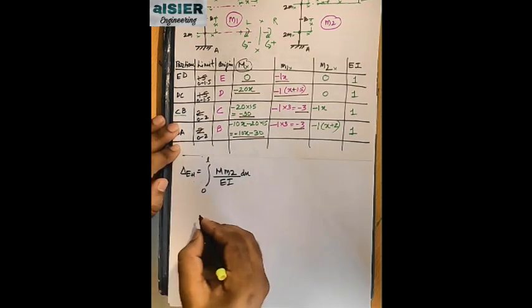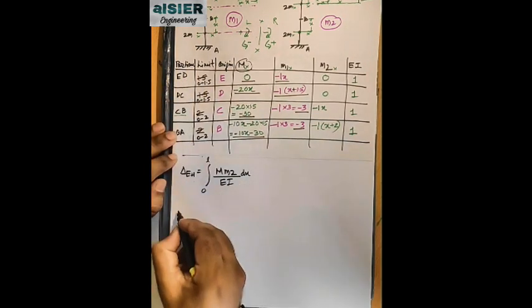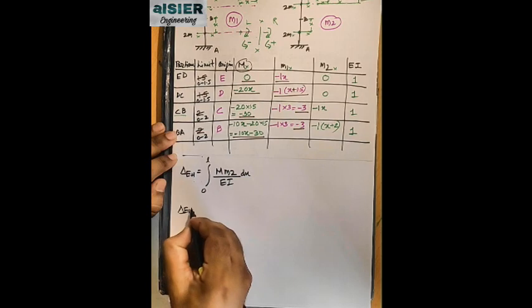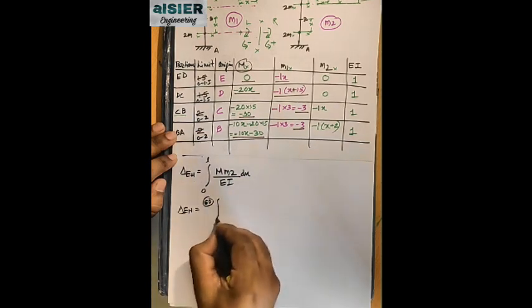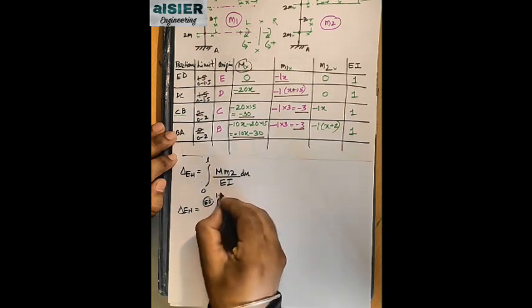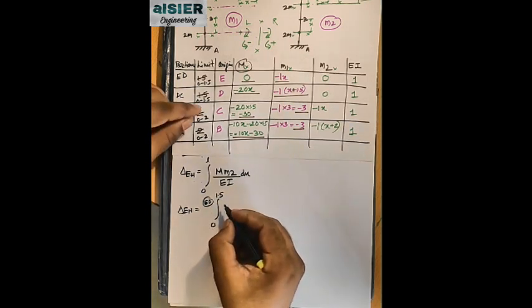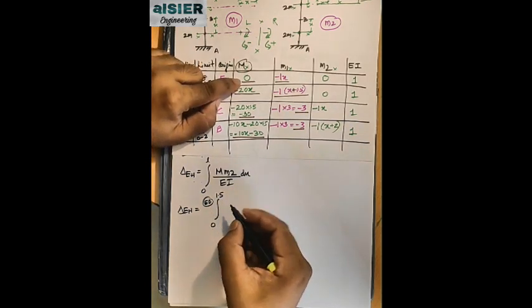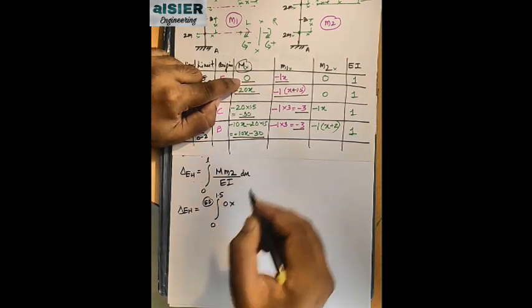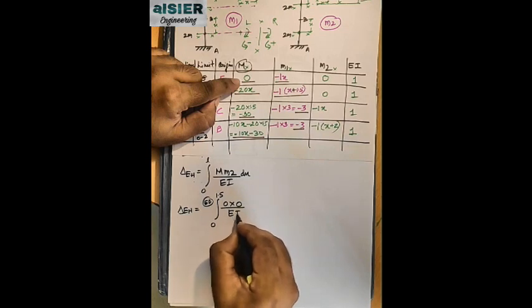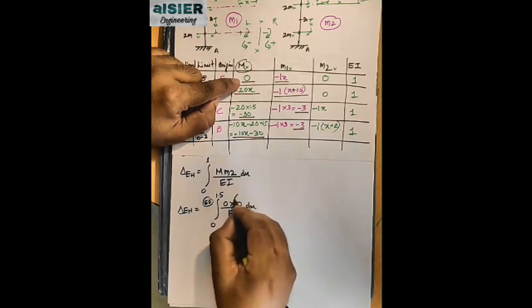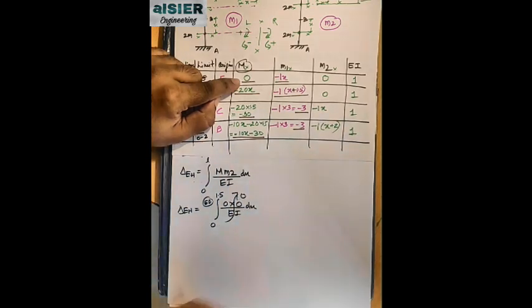Okay, so first we will start with ED. So again I will write down delta EH is equal to, for the ED region, the limit is 0 to 1.5. Okay, what is the value of M? M is 0. What is the value of M2? M2 is also 0 upon EI dx. So this whole will be equal to 0.